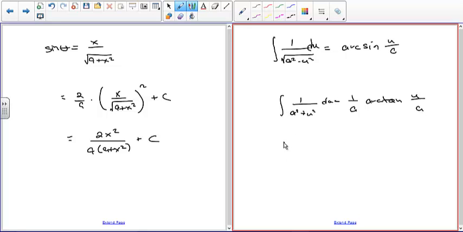And the third integral we had was 1 over the absolute value of u times the square root of u squared minus a squared du was equal to 1 over a times the arc secant of the absolute value of u over a, something like that, plus c.